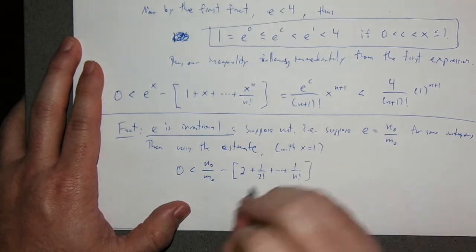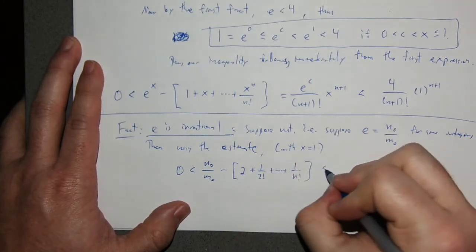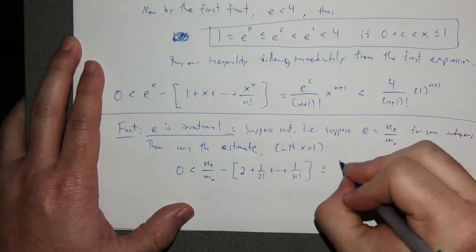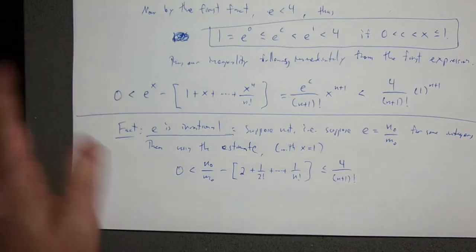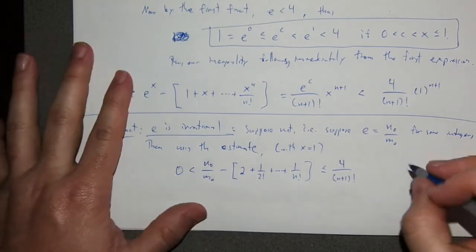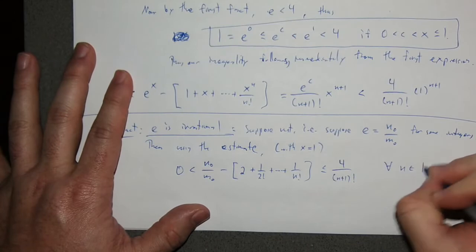I don't really care that much about this expression. And this is less than or equal to 4 over n plus 1 factorial. And this expression has to be true for all natural numbers n.